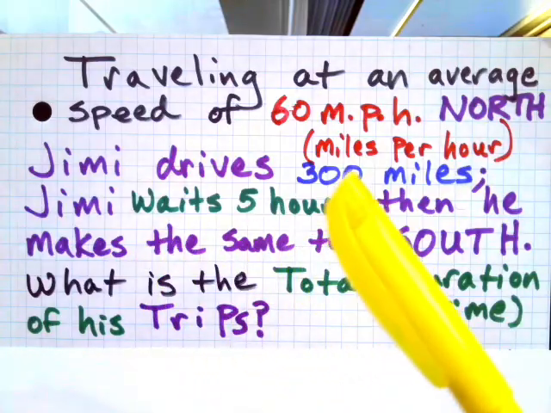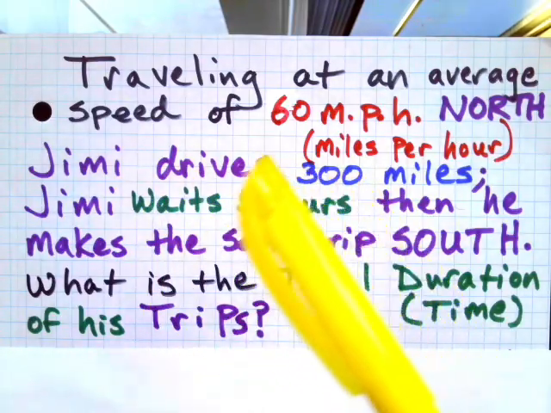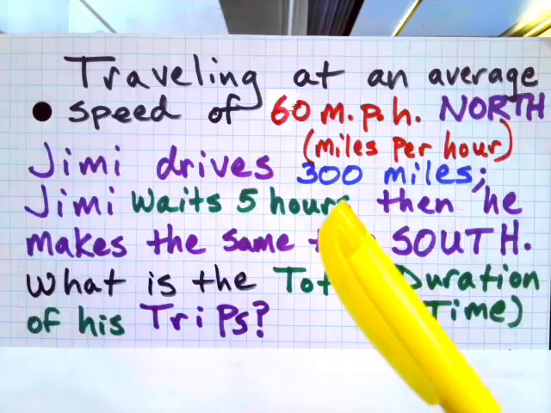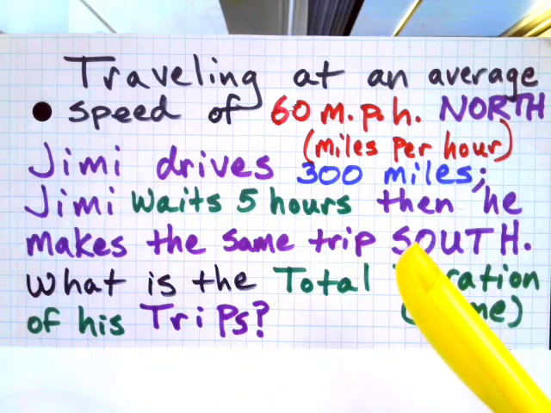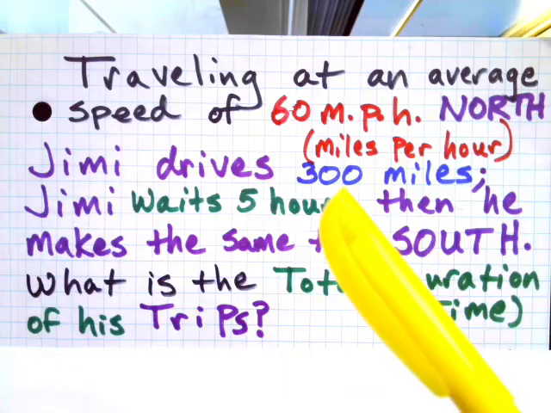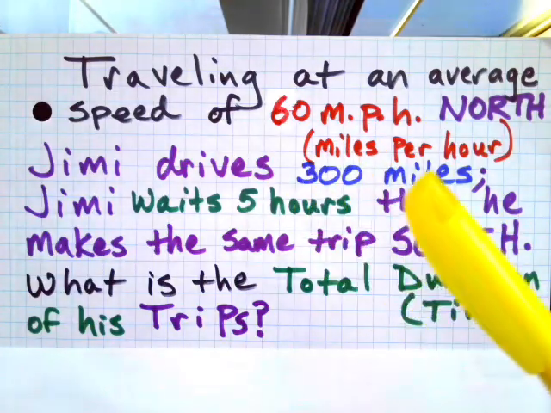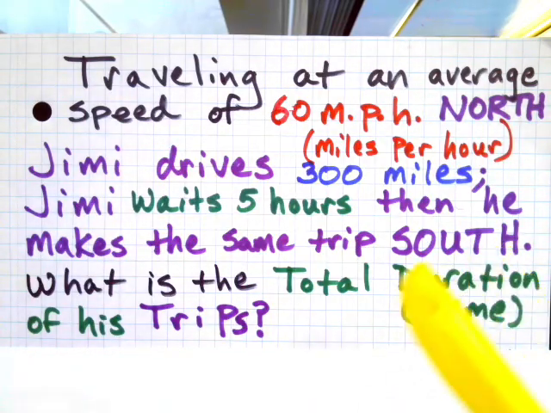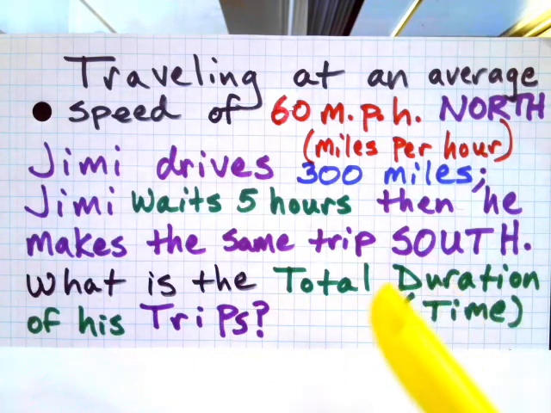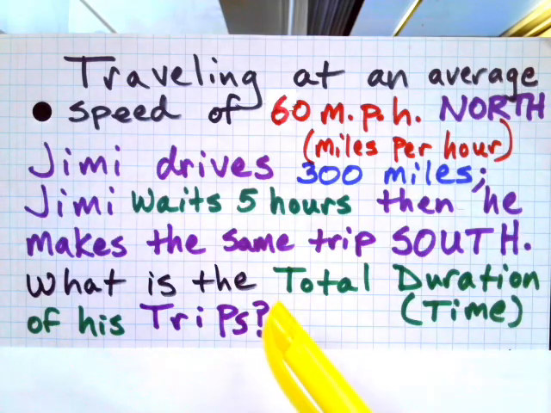So there's a wait time of 5 hours. Then he makes the same trip south. So again, he's traveling 60 miles per hour, driving 300 miles. Not north this time, this time he's driving south. What is the total duration or time of his trip?